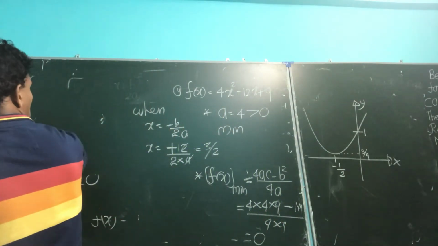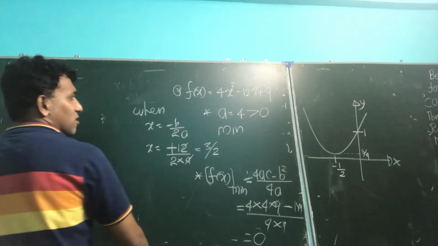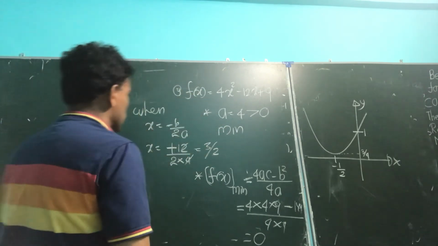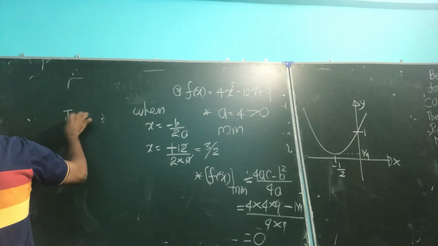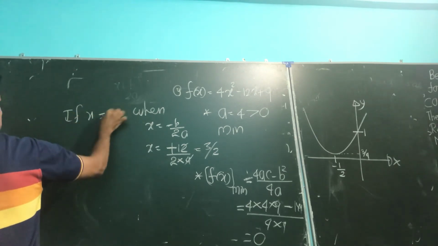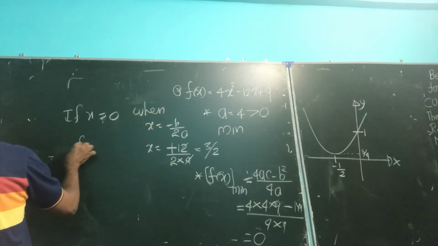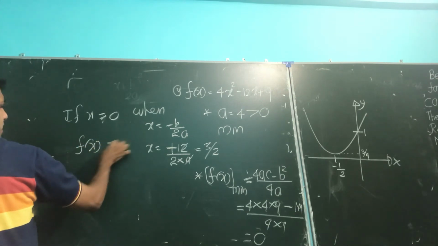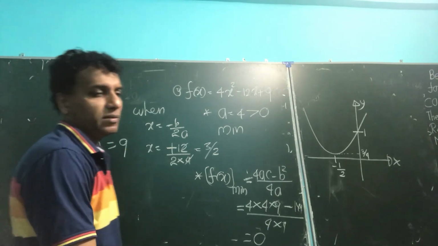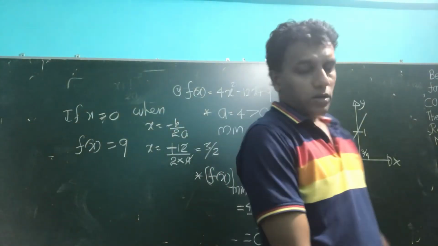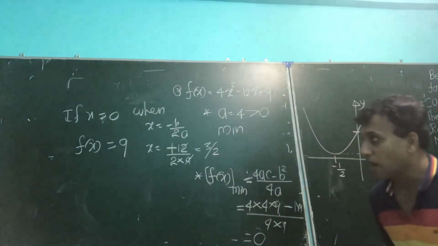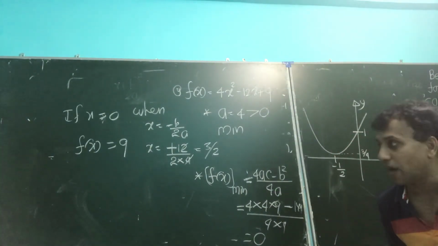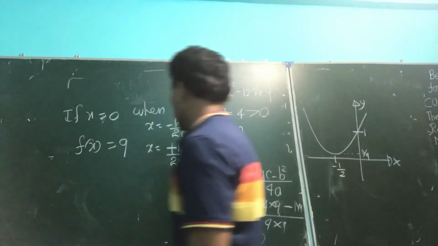Next, find whether the graph cuts any point on the y-axis. If you want, put x as 0. If x is 0, what is f(x)? The answer is 9. That means the graph cuts the y-axis at 9. So now draw, that's enough points I think.